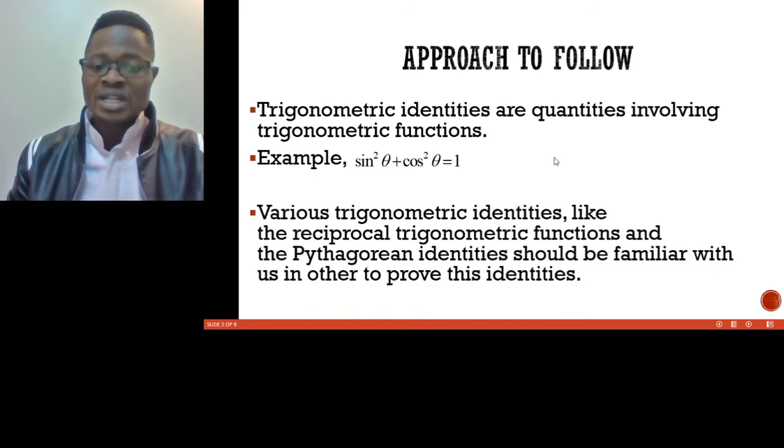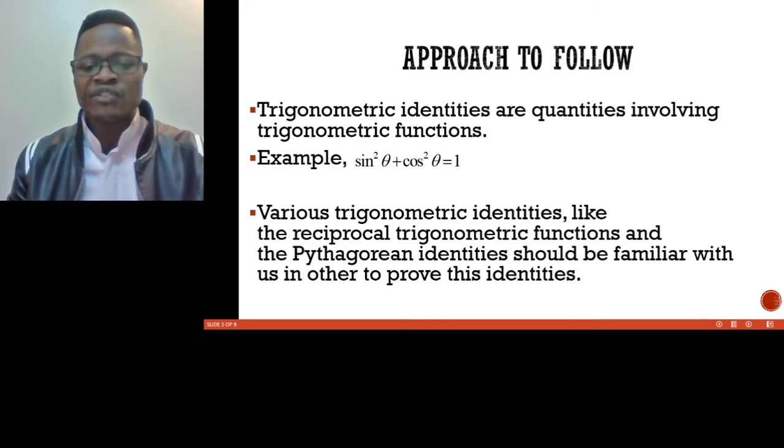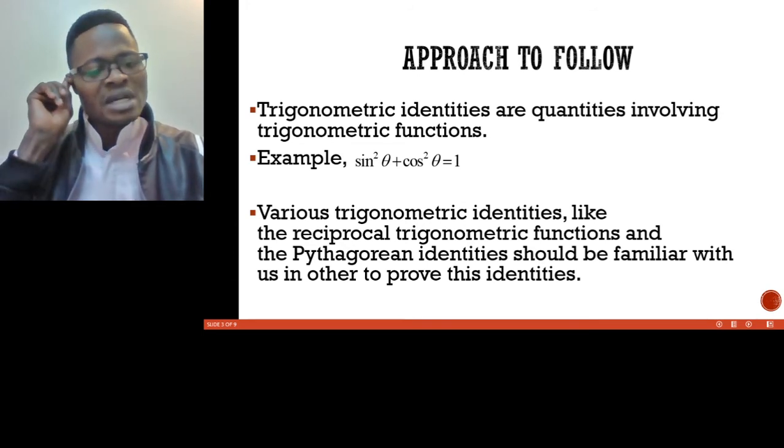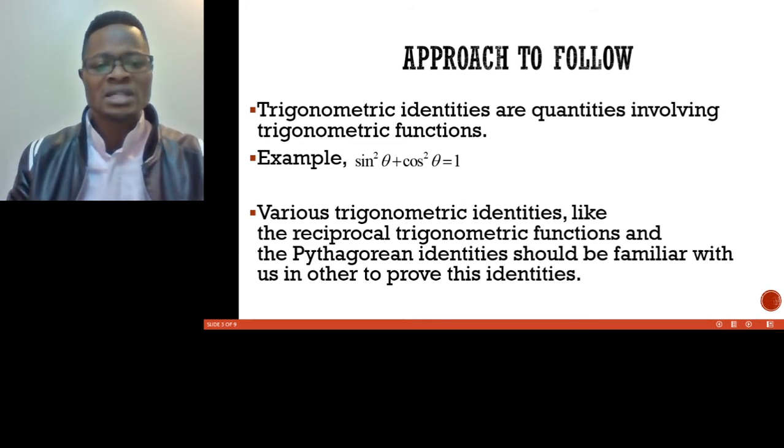Various trigonometric identities like the reciprocal trigonometric functions and the Pythagorean identities should be familiar to us in order to prove these identities. Because in the reciprocal identities, there is always a format, and even in the Pythagorean identities, there is a format which we are going to apply when we are trying to prove those identities.